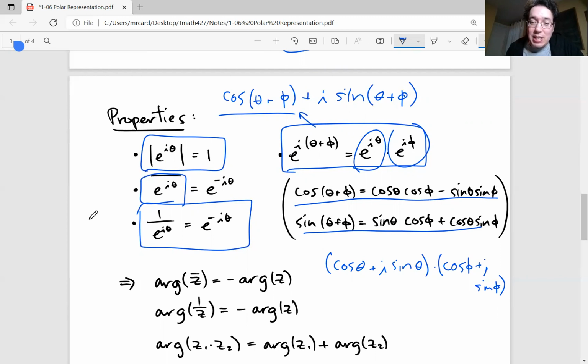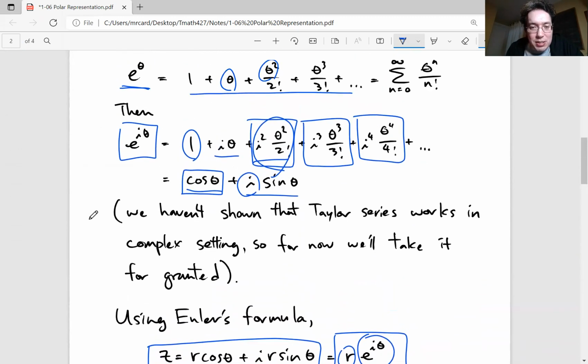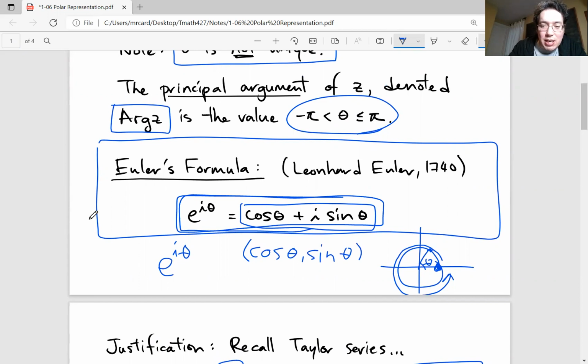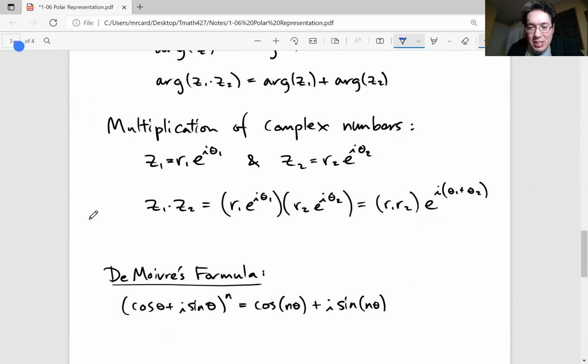So that's really nice. Actually, if you think about it, Euler's formula is much easier to memorize than the sine and cosine additive identity that we have here.